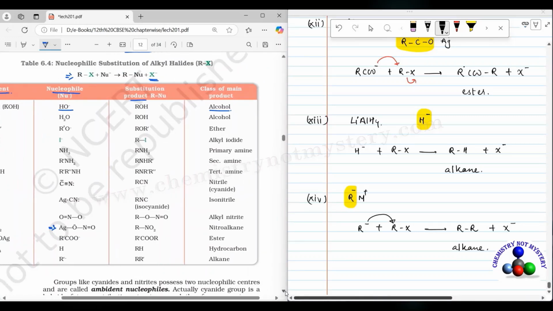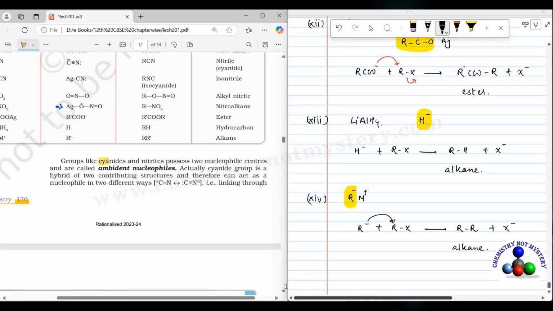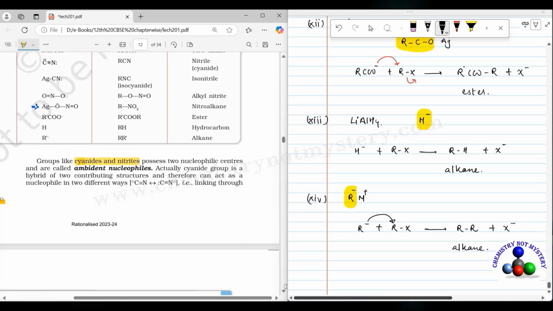Now let's read from the book. Groups like cyanide and nitrite, which possess two nucleophilic centers, are called ambidentate nucleophiles. Actually, the cyanide group is a hybrid of two contributing structures, therefore it acts as a nucleophile in two different ways. In one of the structures, carbon carries the negative charge, and in the other structure, nitrogen carries the negative charge.